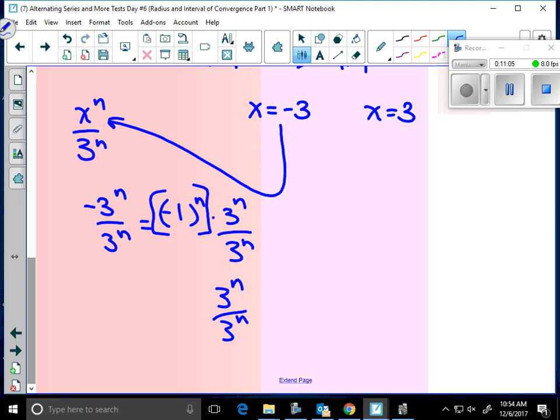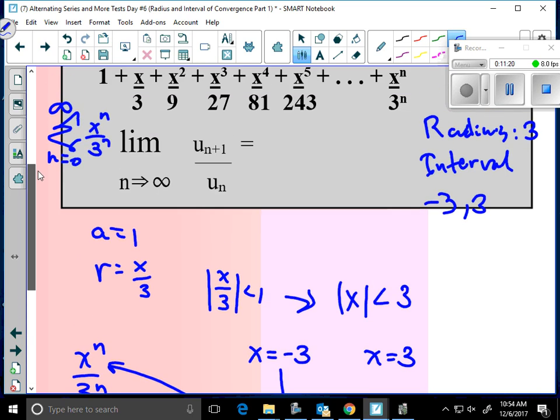What would be the sum from n equals 0 to infinity of 1? Infinity, right? So it's divergent at negative 3. Same thing is going to happen at positive 3. It's also going to be divergent at positive 3. I don't even need the ratio test. So I can say that the interval of convergence would not include its endpoints.